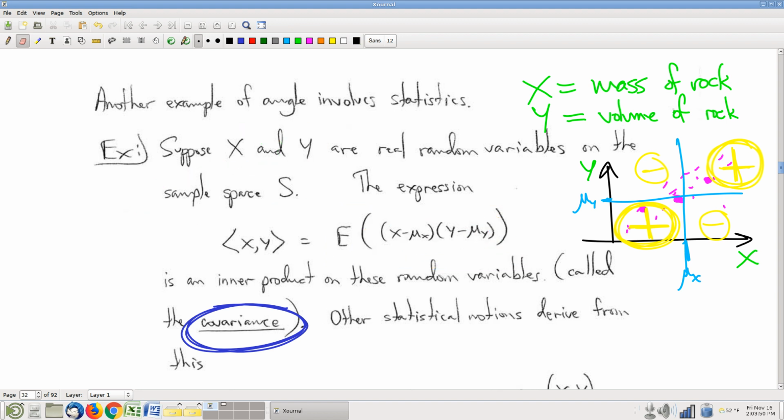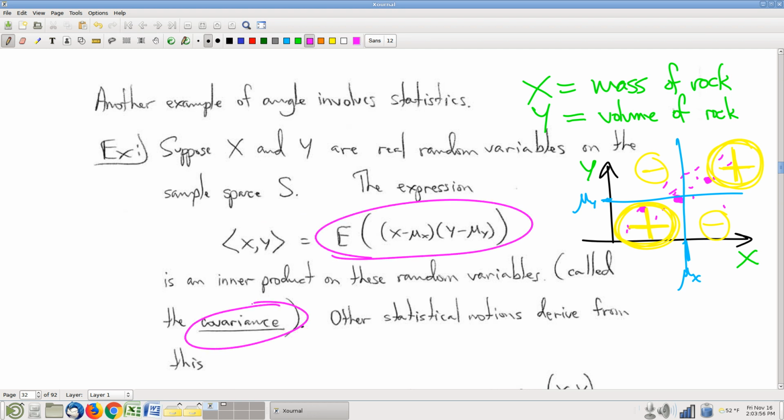Now, what are we going to do with this? First observation I'll make, it turns out that this covariance is an inner product. I have to put an asterisk here. There is a subtle complication that I'm going to sweep under the rug for the purposes of this discussion.